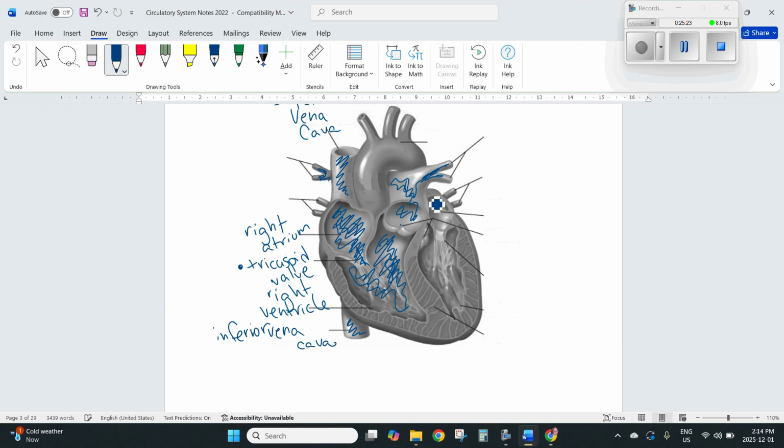This structure is known as your pulmonary artery, because it's going away from the heart, so artery. Technically, this one is your left pulmonary artery because it's on the left side, and this one over here will be your right pulmonary artery.